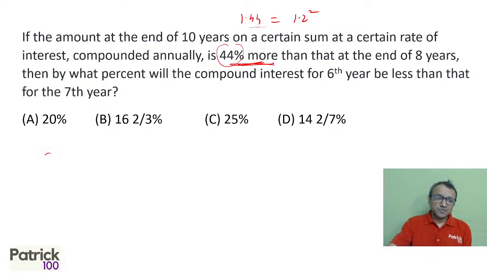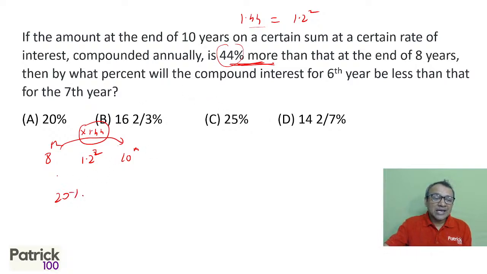Coming to the concept: the amount increases by the interest rate. From the 8th year to the 10th year, the growth is 1.44 times. So growth is 1.44 times, which is 1.2 square. That means the growth is 20%. If I take 8 years as the principal and 10 years as the amount, that's 2 years.